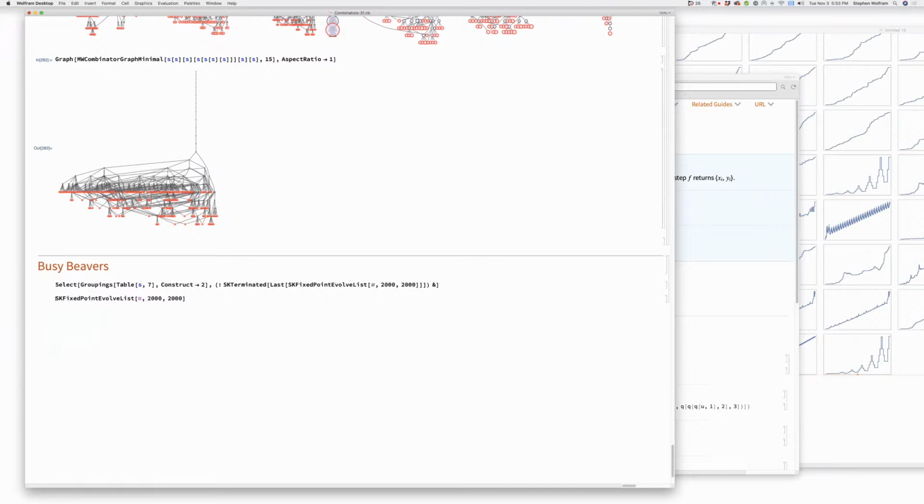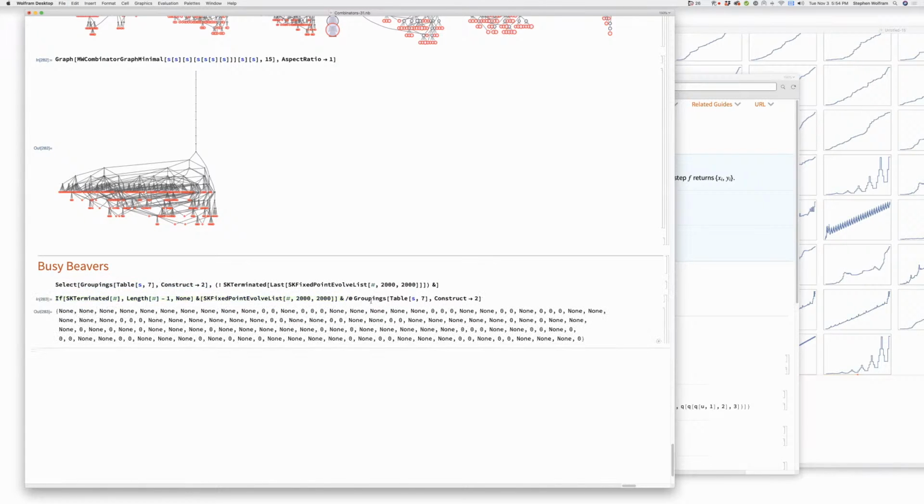No, I want to find, let's see, if SKTerminated of #, length of # minus 1, otherwise nothing, or let's just say None. Apply that to this groupings thing, and that's going to tell us what the halting time was.